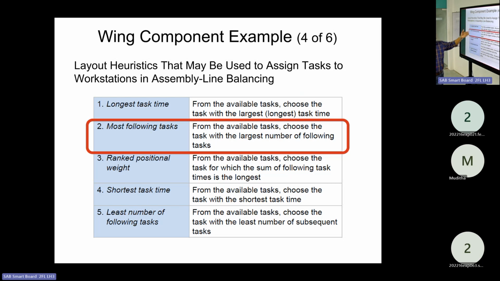These are the two most commonly used rules. One is called longest task time. When we need to prioritize tasks, we need to use assignment rules. Often we use two: one initially, and if that is not sufficient, go to the second one. We will understand it with an example.